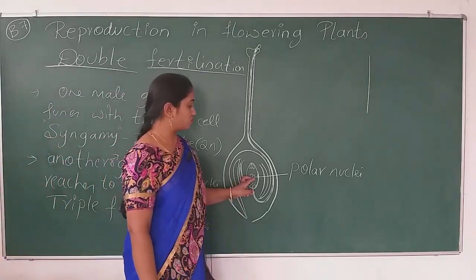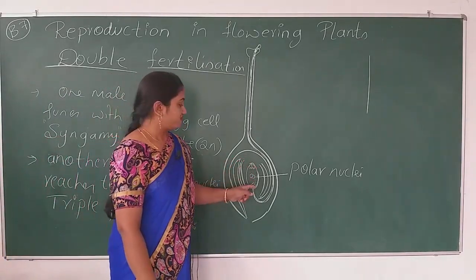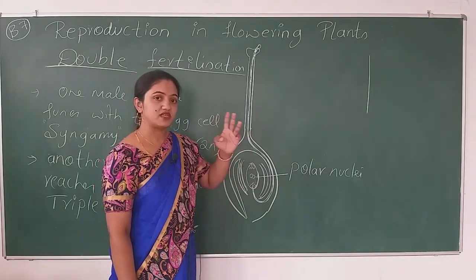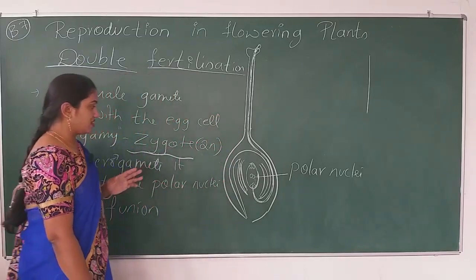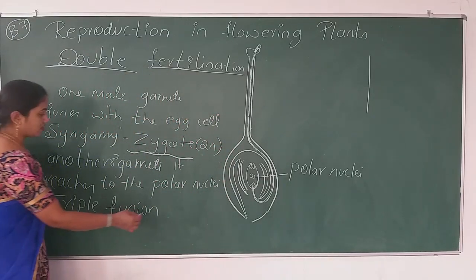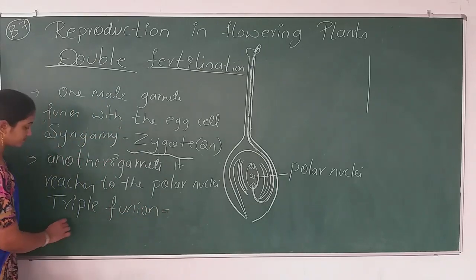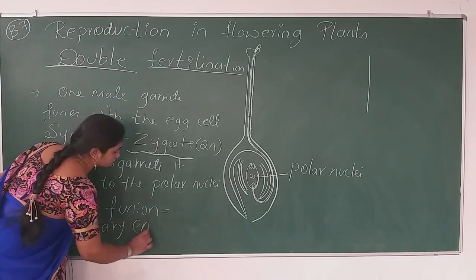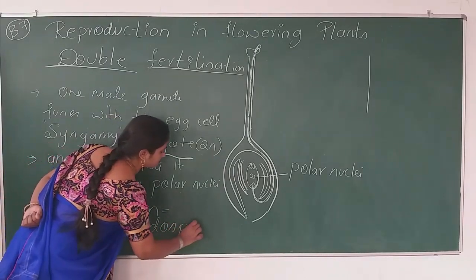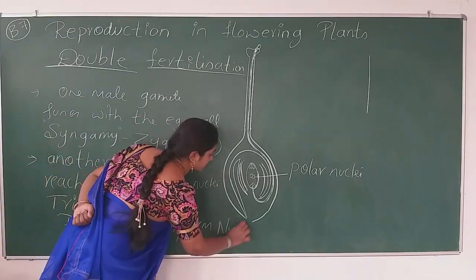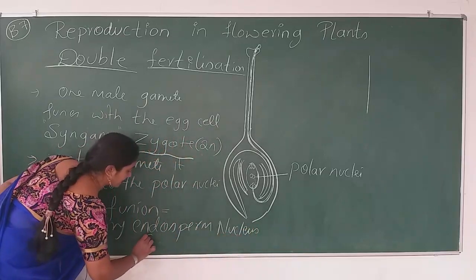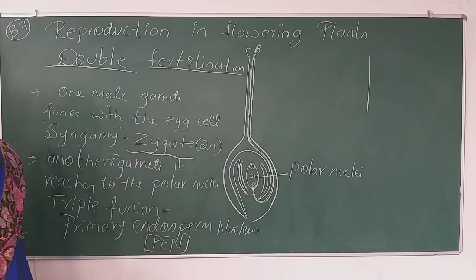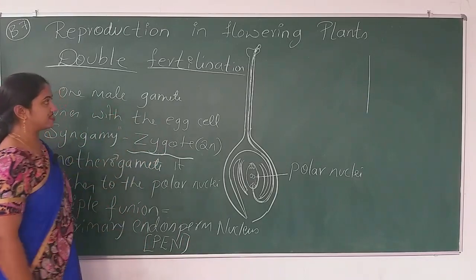Because there were already two polar nuclei, and when one male gamete fuses with them, it becomes three. The resultant product of triple fusion is the primary endosperm nucleus, in short PEN. So that's all about the fusion. That's why it is known as double fertilization.